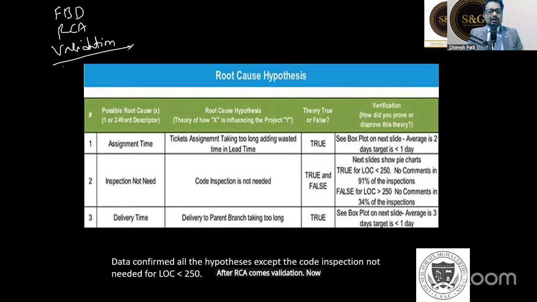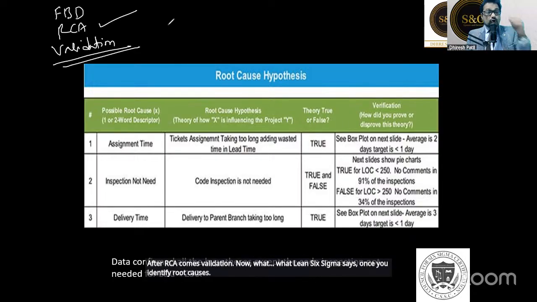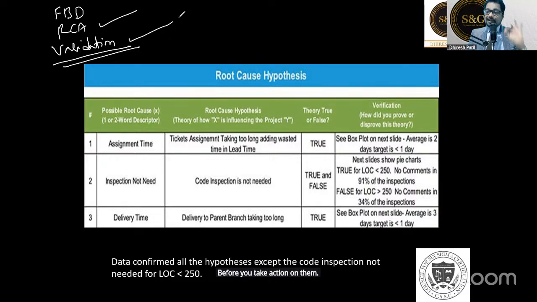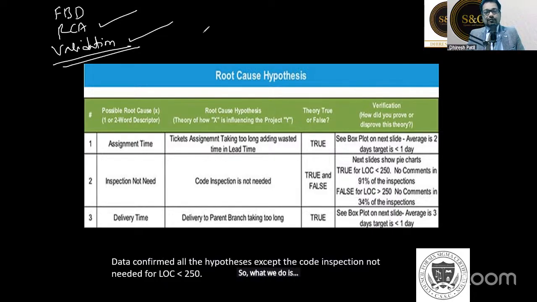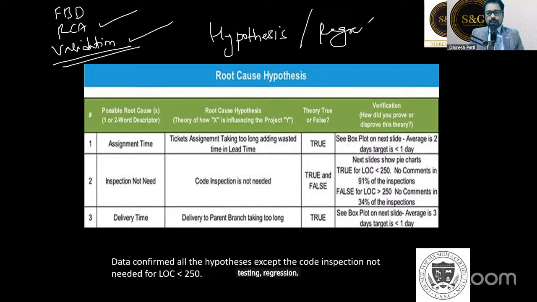Now, what Lean Six Sigma says is, once you have identified root causes, validate them. Before you take solutions, before you take action on them, first validate whether they are real root causes or just your opinion. So what we do is we validate them through hypothesis testing, regression, DOE.